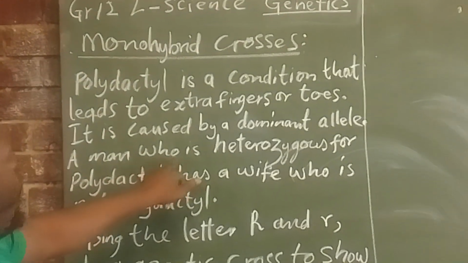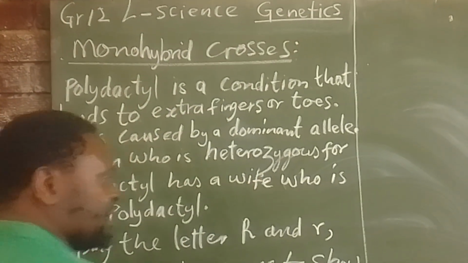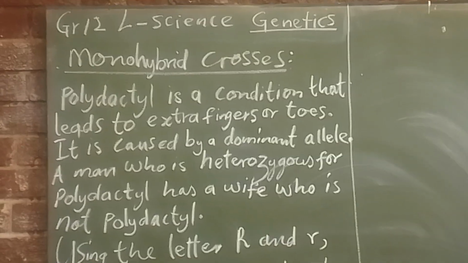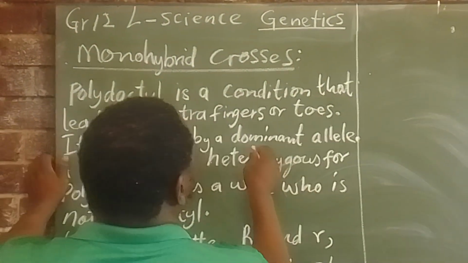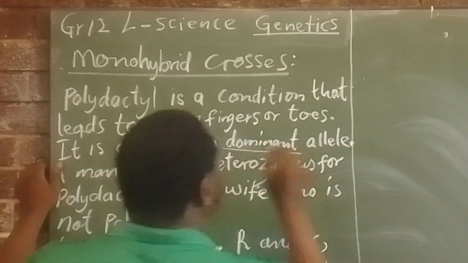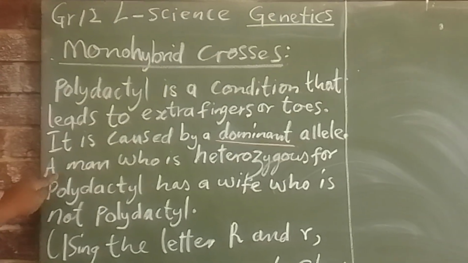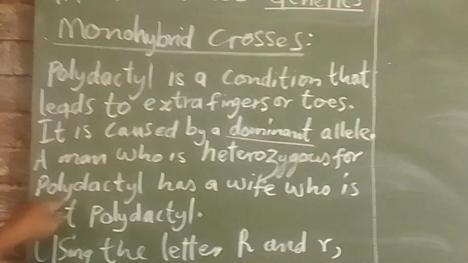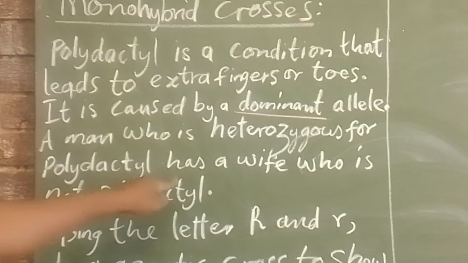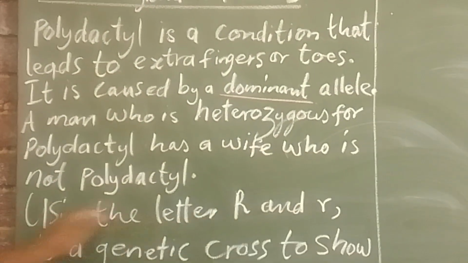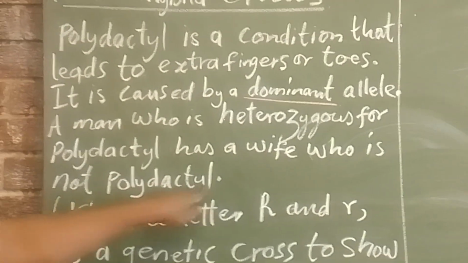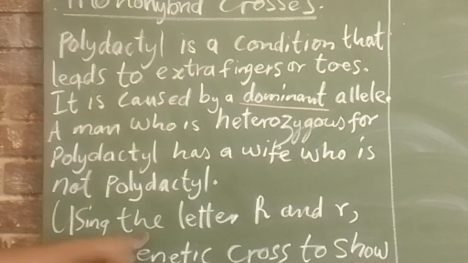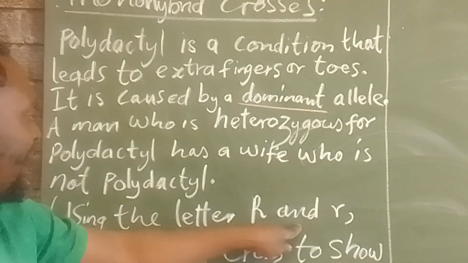A man who is heterozygous for polydactyly has a wife who is not polydactyl, using the letters R and r.